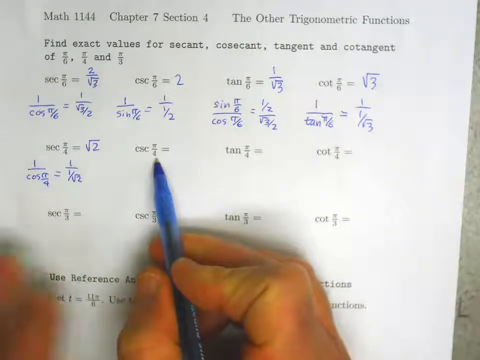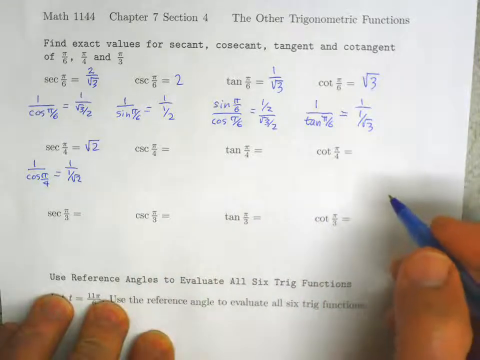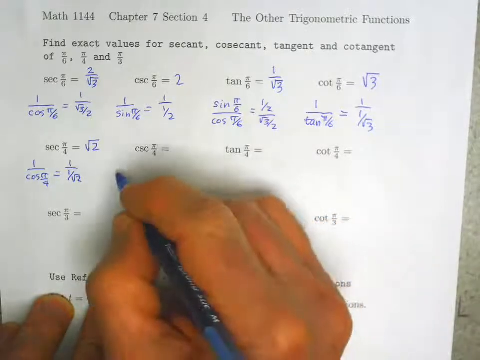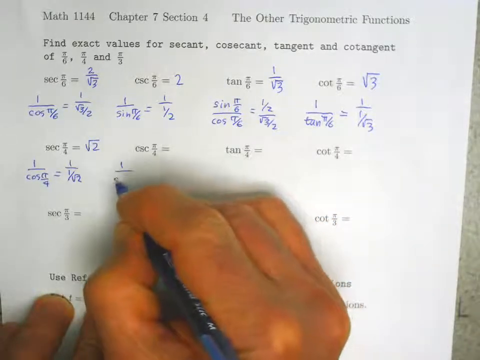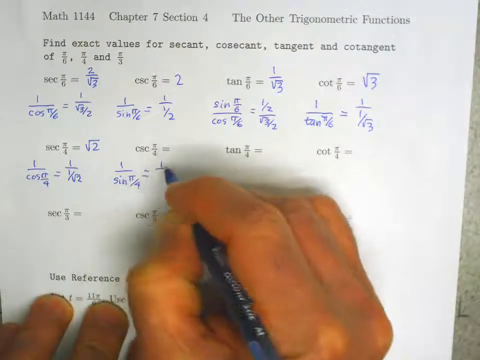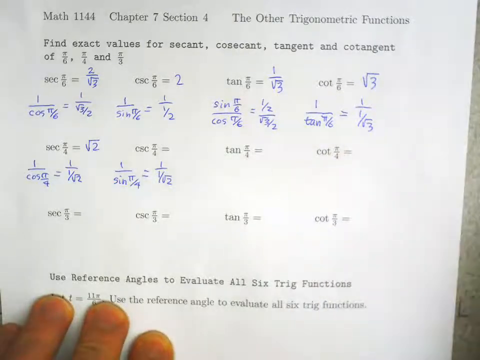Cosecant of pi over 4 is the reciprocal of sine of pi over 4. So 1 over sine of pi over 4 is 1 over 1 divided by the square root of 2, and that's just the square root of 2.